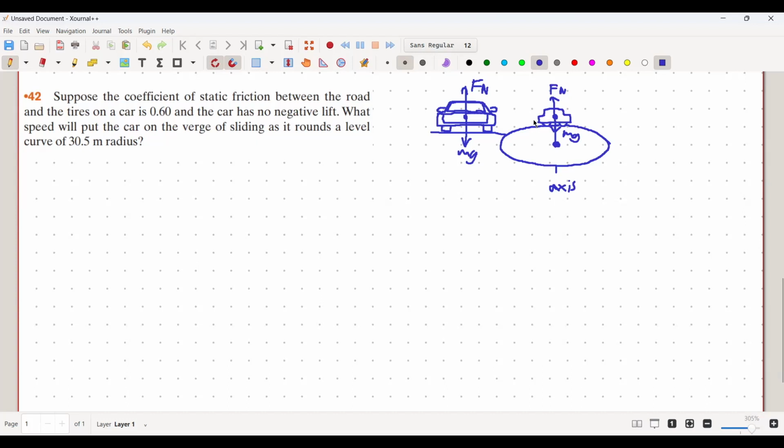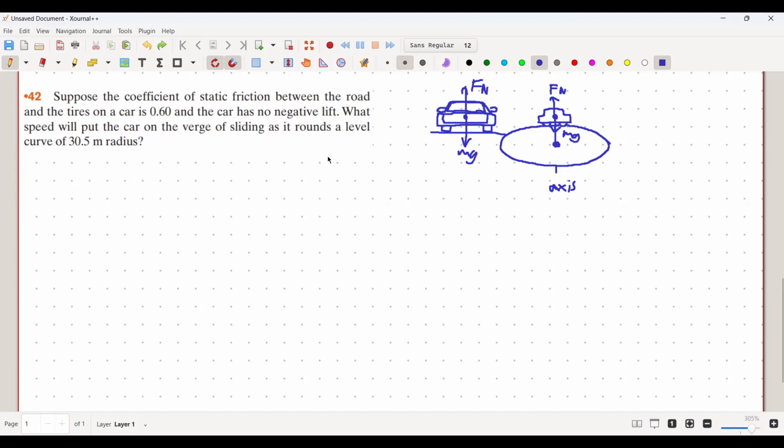Ano-ano pa yung forces? So static friction points in what direction? Static friction, so wala akong... It's not moving.